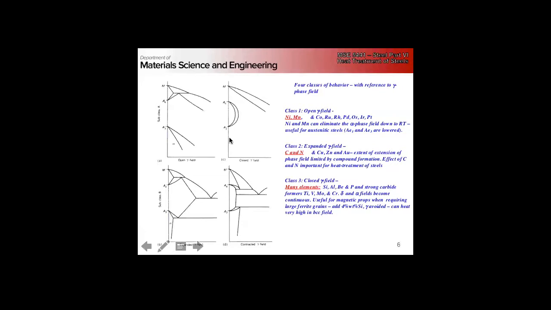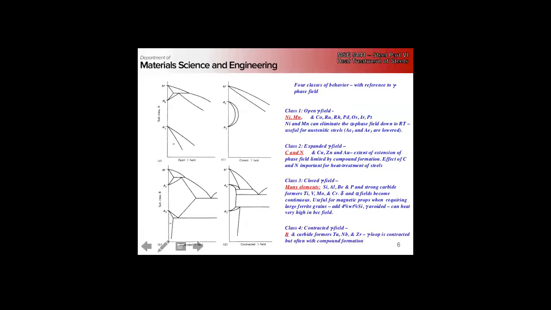And so steels that are being developed for magnetic properties, such as transformer steels with fairly large percent of silicon, we can avoid the gamma, we can avoid austenite completely. We can heat to very high temperatures in the ferrite field to grow large ferrite grains. Right.